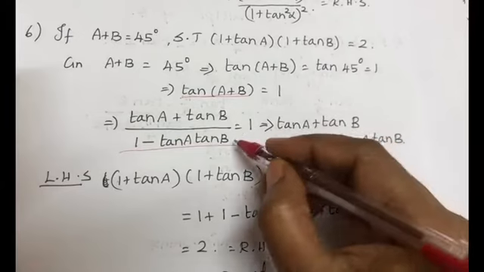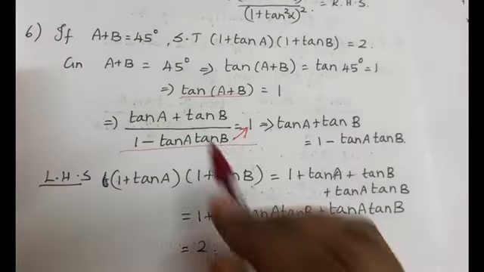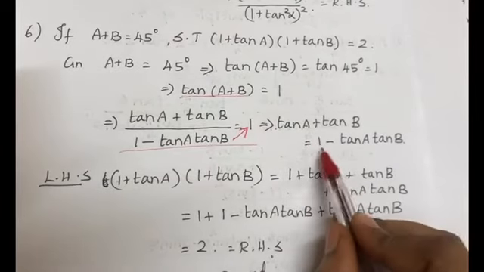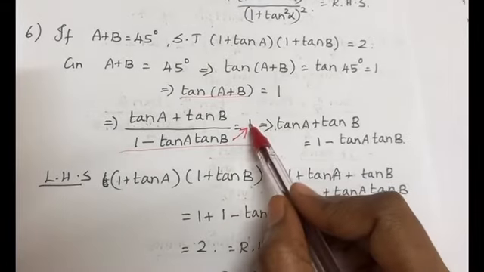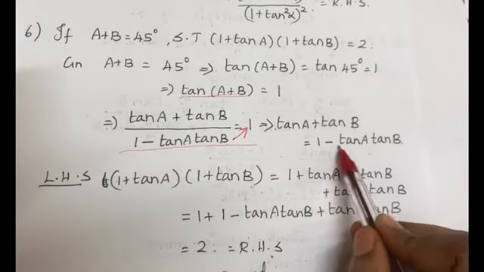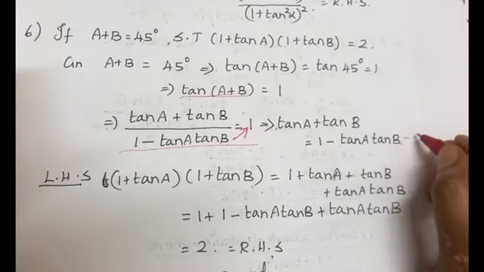Now, we can cross multiply the denominator to the opposite side. So, tan a plus tan b equal to 1 minus tan a tan b. Cross multiplying, it is 1 into the denominator. We will keep this as it is.